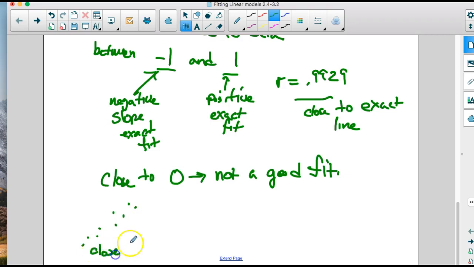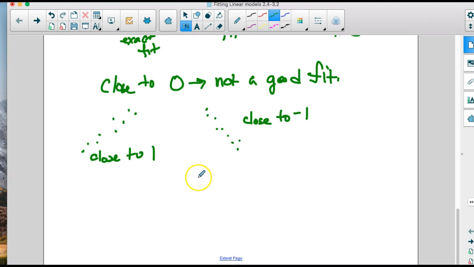If we had ones going down like this, it is going to be close to negative 1. The further we spread apart, the closer we get to 0. If something just looks like a mess of points that we can't really predict, this is going to be close to 0, because we really can't tell where the line's going, since it's just dotted all around in a circular fashion. So we couldn't really decide which way to go, so we're close to 0 here.